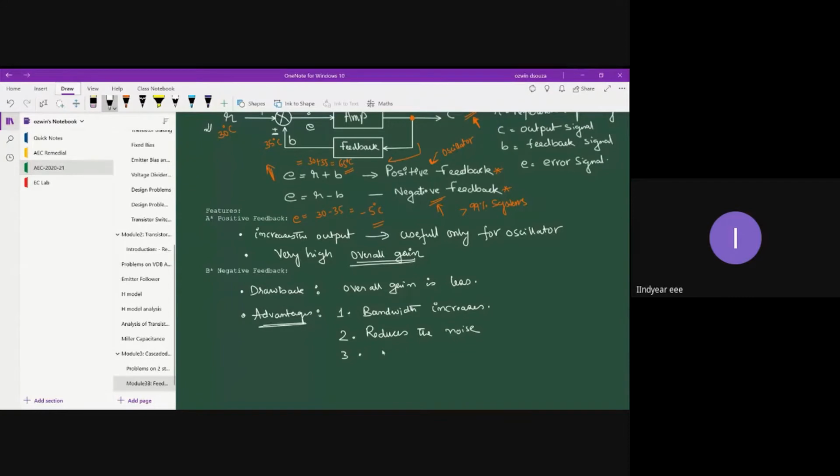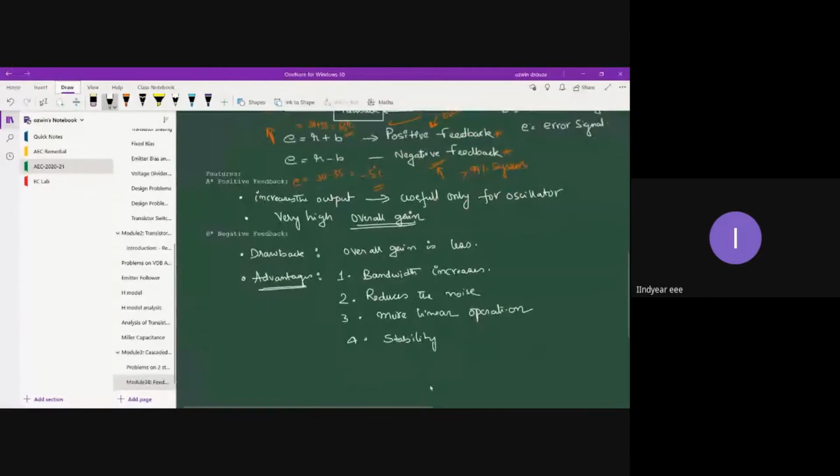It gives more linear operation. Linear systems are very easy to handle, right? And it gives stability. Stability in the sense the system behaves stable for any disturbances caused.